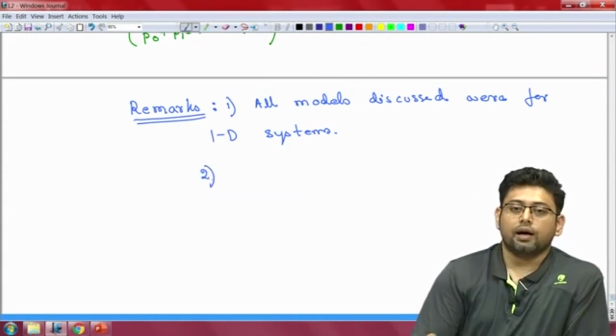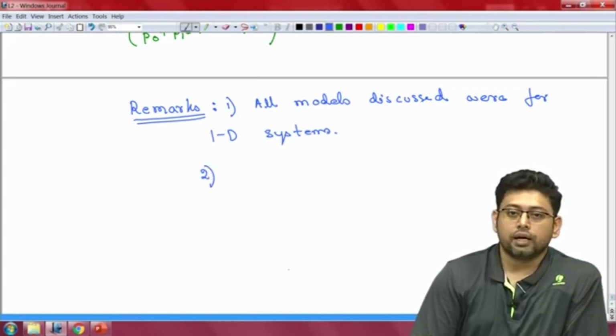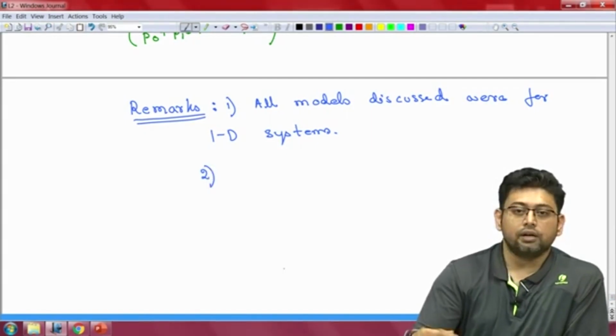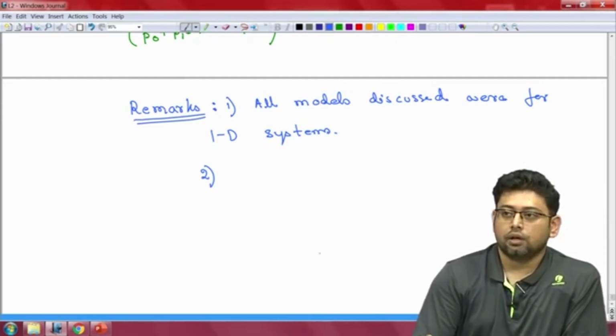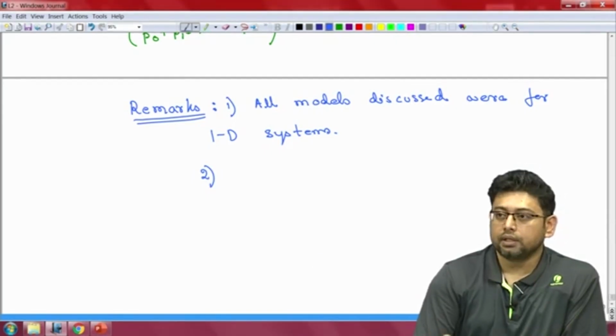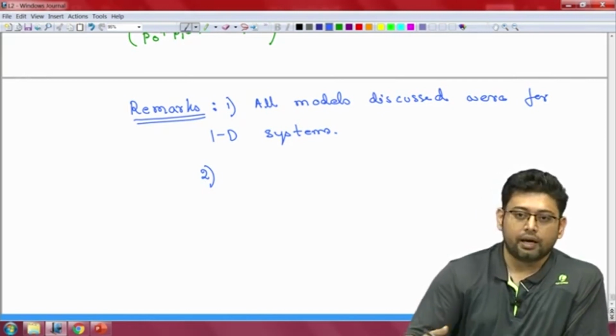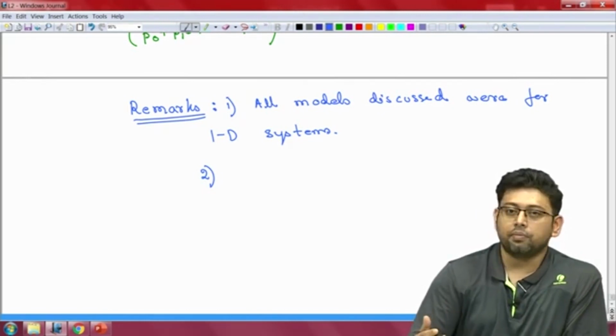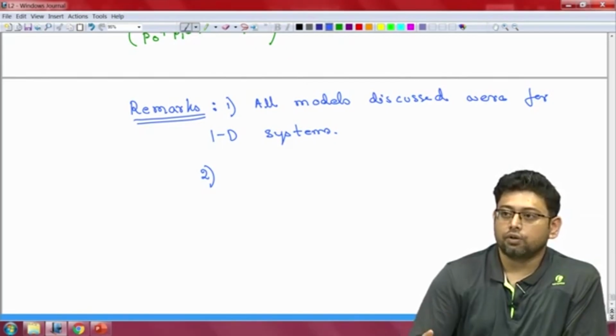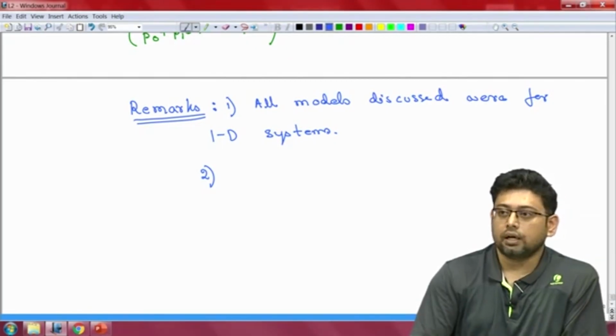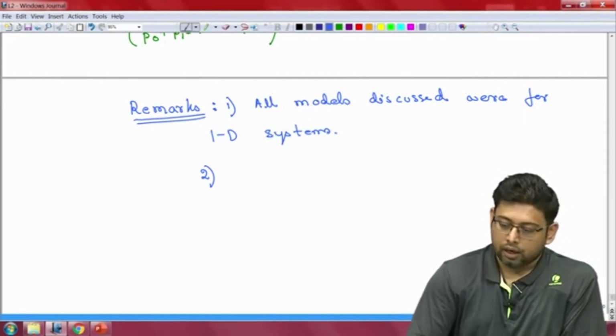If you have to create models for 2D and 3D, they are actually generalizations of this, but this is an important starting point. Even if you have any number of elements, that does not imply that you have generalized it to other dimensions. We are still subject to the restriction that we are discussing only one dimensional cases, right.